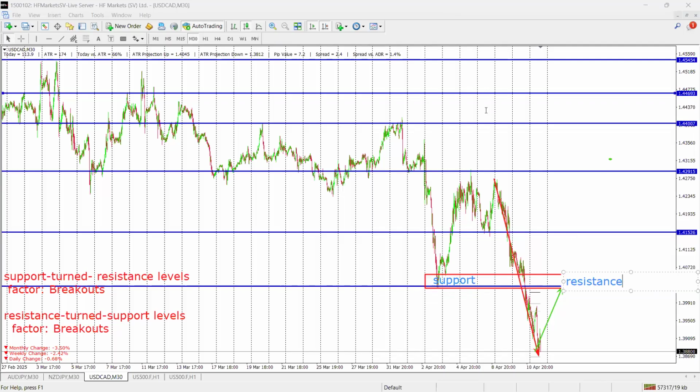So if I was interested in selling this, all I need to see is price retrace back as much as this. When price gets back to my resistance in line with the original direction of the market, I'm going to take the sell, expecting that the market continues to go down. That's how we think about retracement, all right?